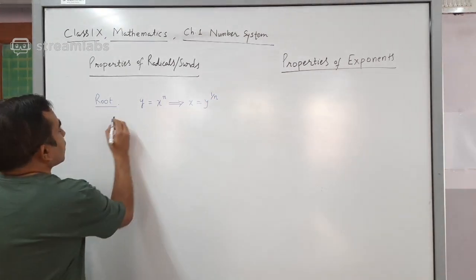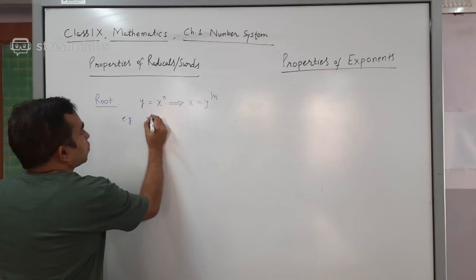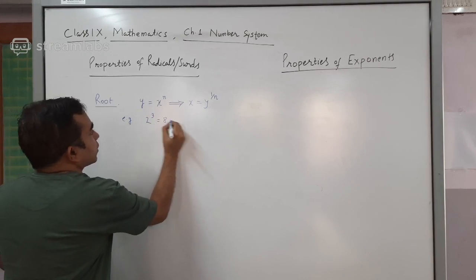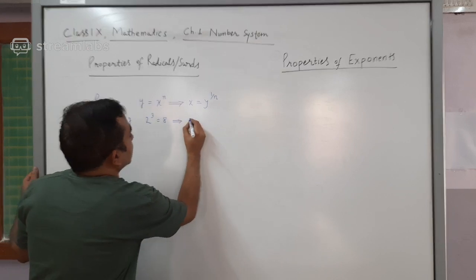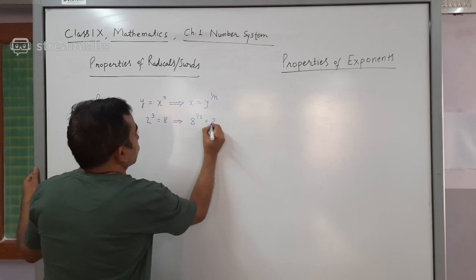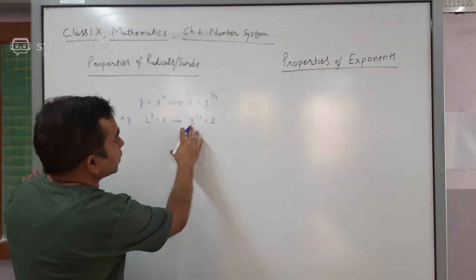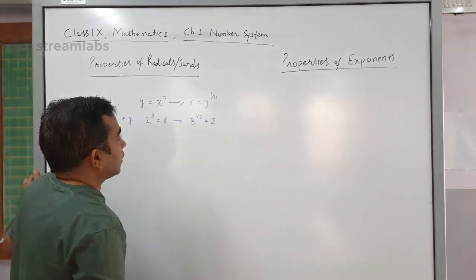If we understand from an example, 2 cube is 8. It is equivalent to write 8 raised to power 1 upon 3 is the same as 2, and here we say 2 is the cube root of 8.